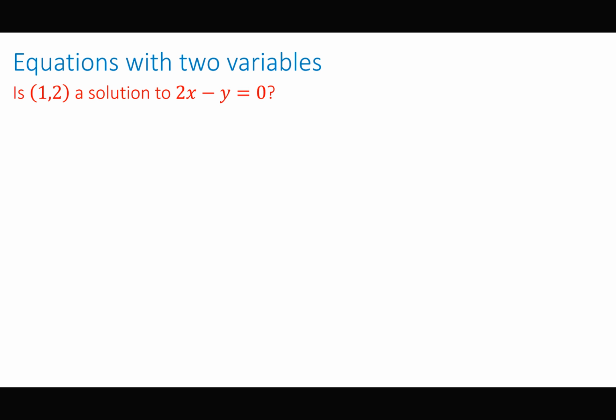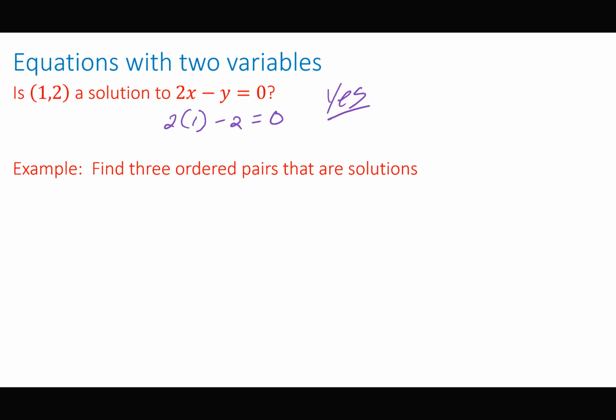Mason, how can we check to see if that's a point? Okay, so 2 times 1 minus 2. Mason, what's 2 times 1 minus 2? Perfect. So is 1 comma 2 a solution? Okay, simple enough. Okay, we can test them out.